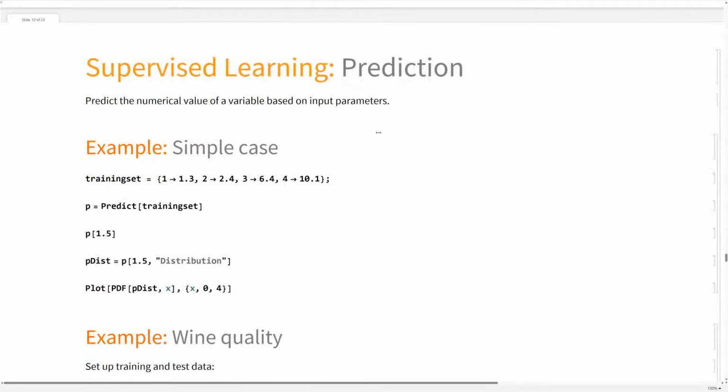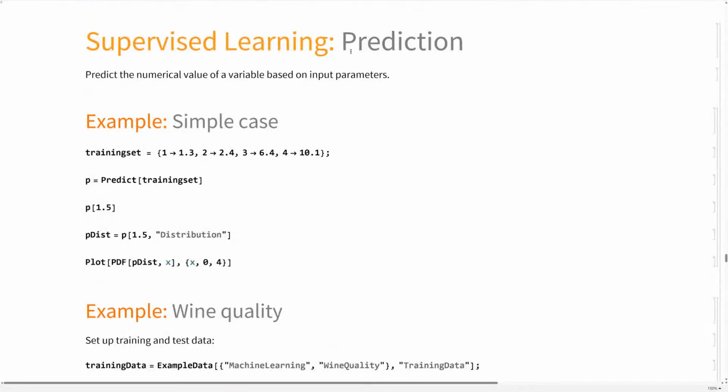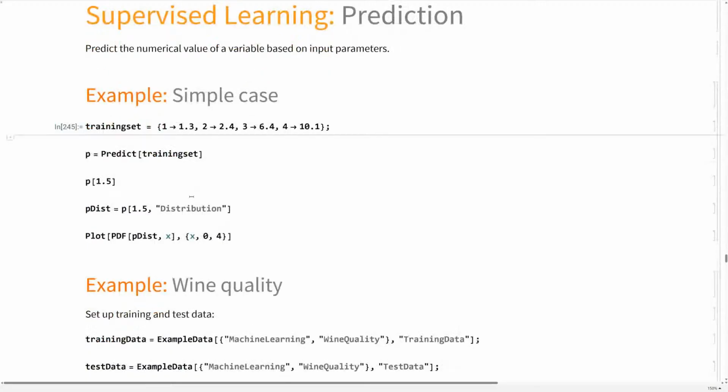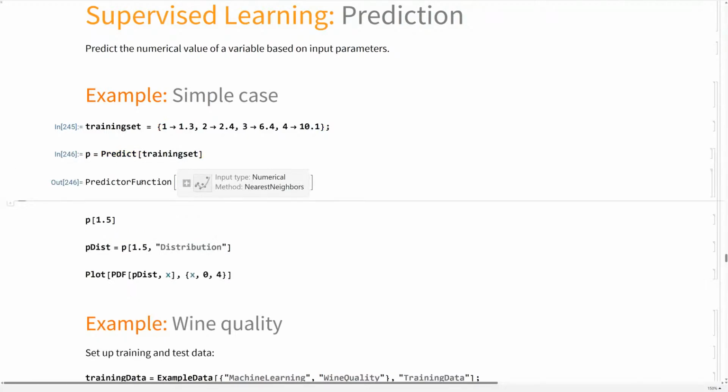All right, the next example is the machine learning prediction example. So first of all, again, we use a simple case, and we have this one point, and we can predict the second point. Now we have this predictor function trained. Again, it is so simple.